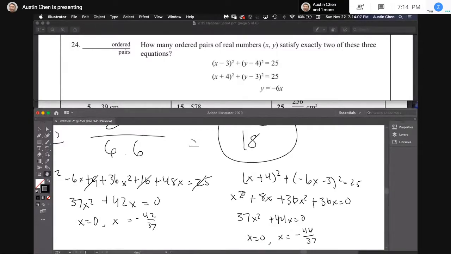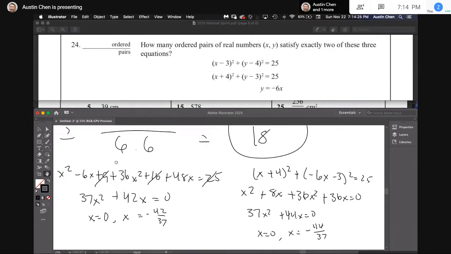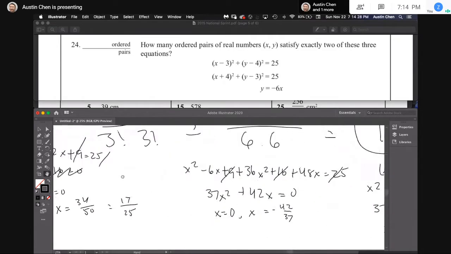I don't see anything wrong here. Do you think you can put it into your TI and see what you get? Yeah, sure.